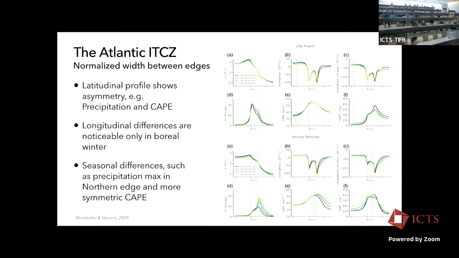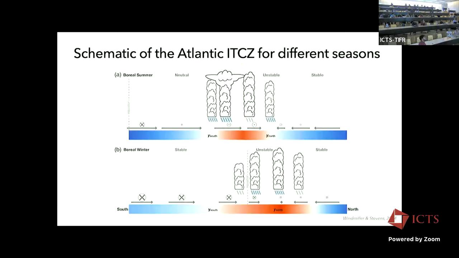So that shift is because conditions north of the northern edge and south of the southern edge also change between summer and winter. So what Julia Windmiller, it's her work, what she did is she looks at the Cape and Sin, also north and south of these edges, so beyond the edges, and tries to explain based on the stability conditions, as well as the wind directions.